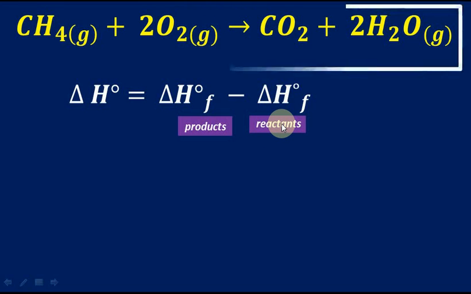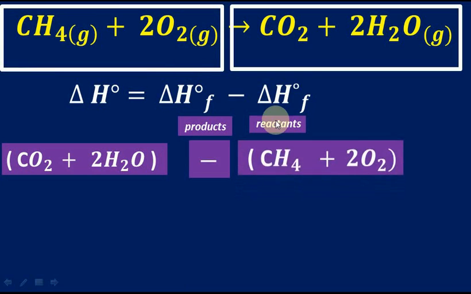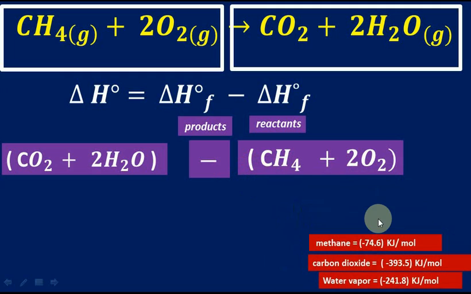So I write products here, and reactants here, with a minus. I have 3 values only, in the givens: the value of methane, the value of carbon dioxide, and the value of water. But I haven't the value of oxygen.